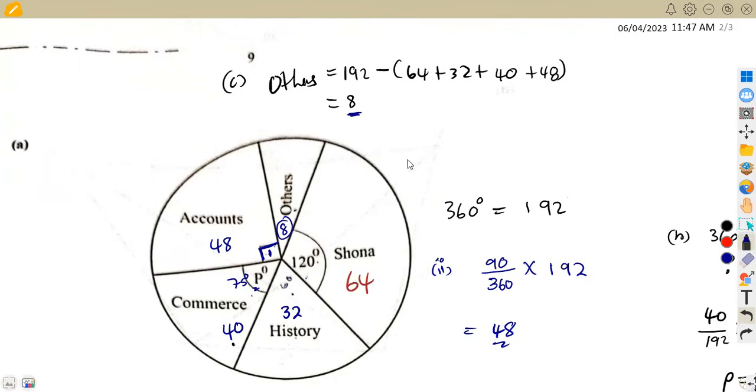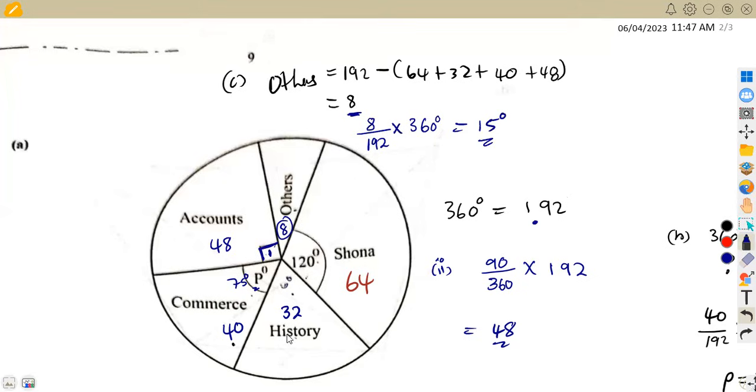What about the angle? So it is going to be the number of learners out of the total learners of 192 times the angle of what? Of 360 degrees, just like the previous part. So this is going to give us an angle of 15 degrees. So here we are going to obtain 15 degrees.